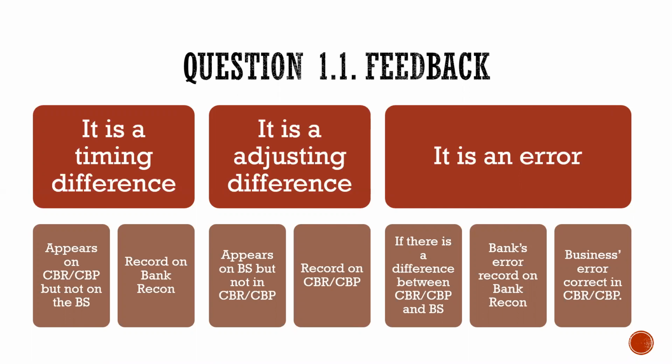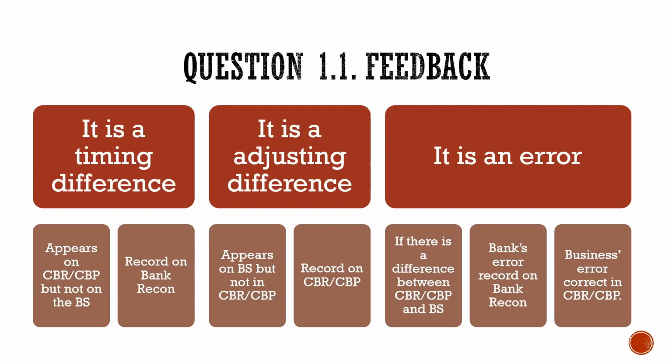Now, a timing difference is something that appears in your cash book receipts or cash book payments, but it is not reflected on your bank statements. The timing differences in this question specifically were your outstanding checks, your outstanding deposits, and the sales check.